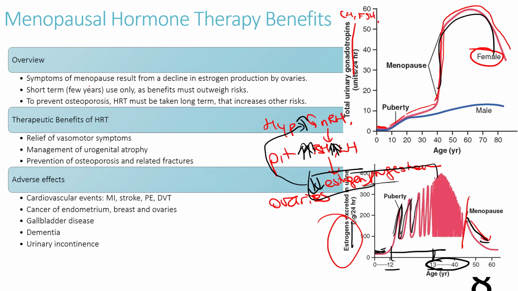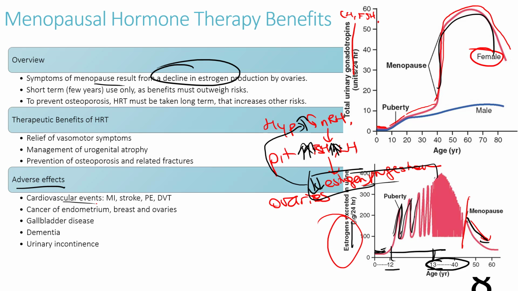So symptoms of menopause result from a decline in estrogen production by the ovaries. And what they've shown is that hormone replacement therapy is good for a couple of years, a few years, because after that, the benefits do not outweigh the risks. Right, so if you look at the adverse effects, you can see they are quite serious.